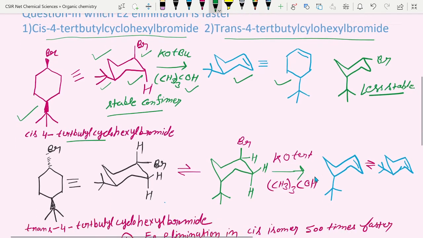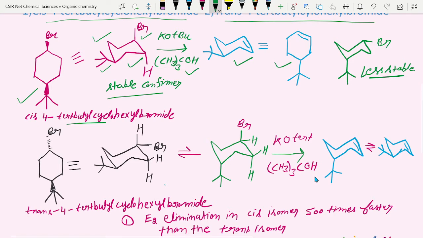In the second case, we have trans-4-tertiary butyl cyclohexyl bromide, and we have written this structure. This is a trans: the bromo is below the plane and the tertiary butyl is above the plane. What will be the stable conformer of this? In a similar way, the tertiary butyl is in the equatorial position, and because this is a trans isomer, the bromine will also be equatorial, because we have to write a trans conformer.